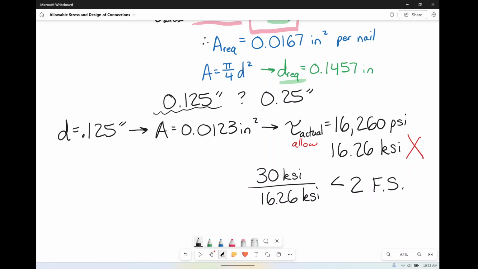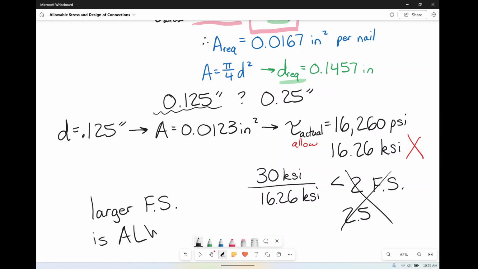And our factor of safety was supposed to be 2.5. So that's definitely not good. A larger factor of safety is always good. You don't want anything less than what you had before.